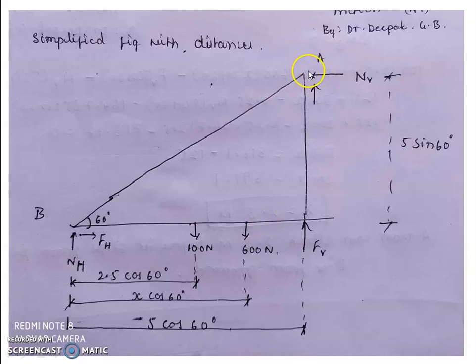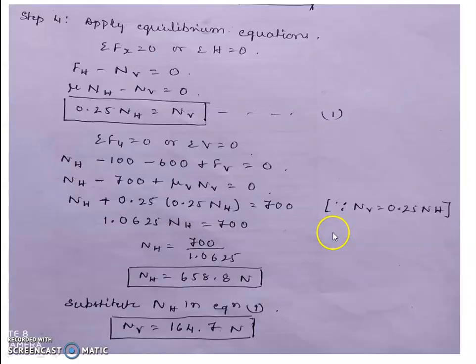Then friction, I resolved this friction at point A and represented it over here, because it is acting in the same line of action, and by the law of transmissibility I took friction to here. It is also a vertical force and it is acting upwards, so it is positive. Here you can see FV positive, NH positive, these two negative.